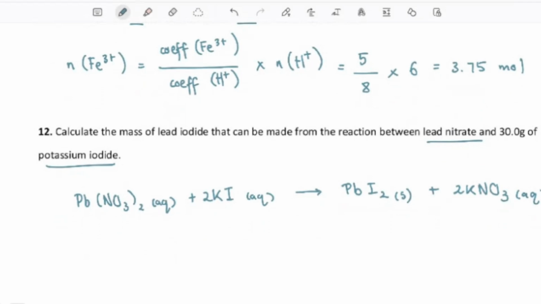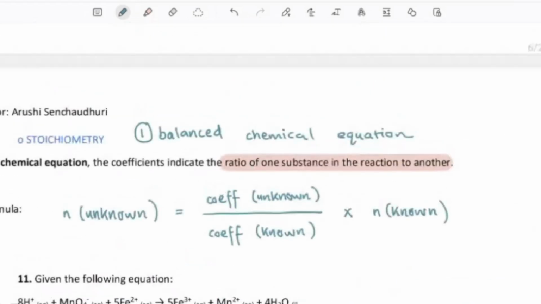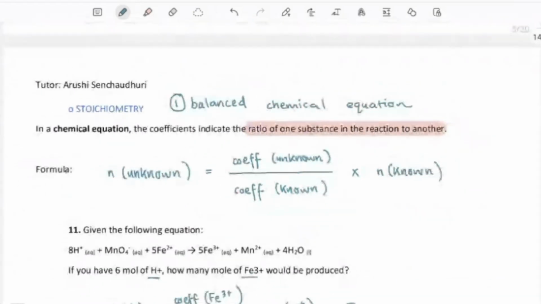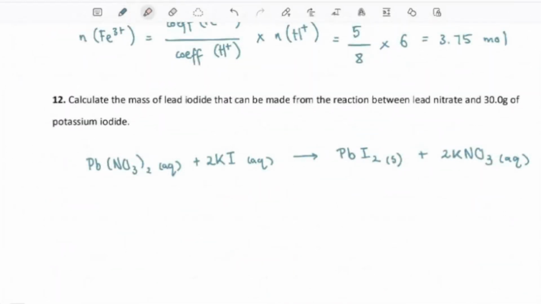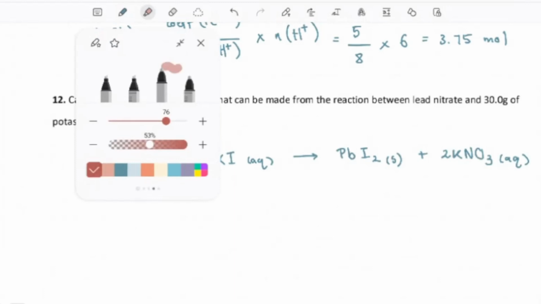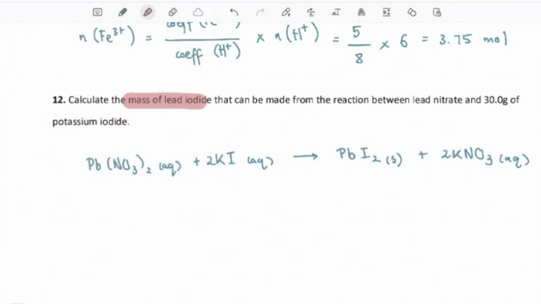Now, let's identify what is our known and what is our unknown, because that's what we're going to use to do our calculations. The unknown is obviously our lead iodide, because that's what we need to find, the mass of lead iodide.